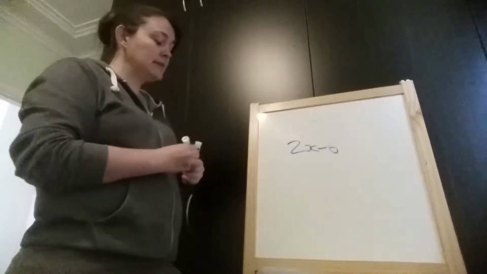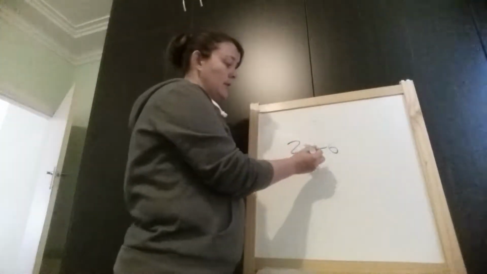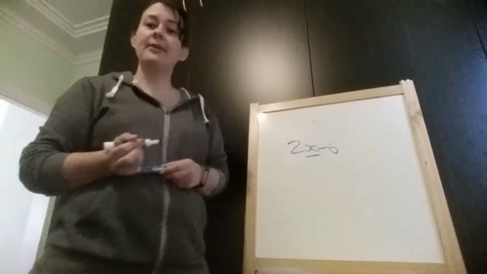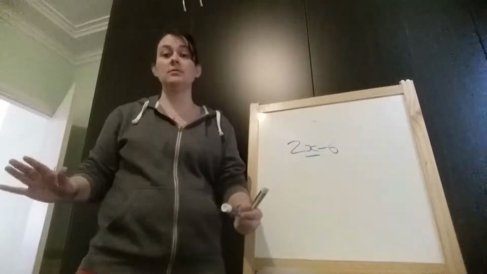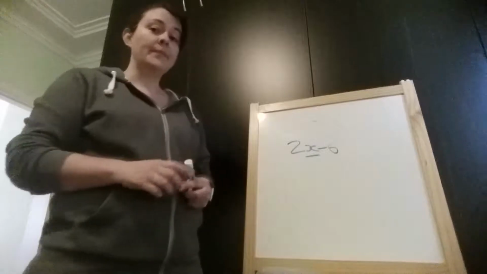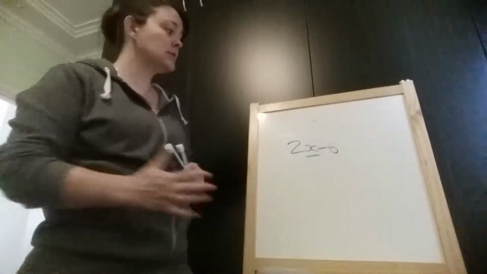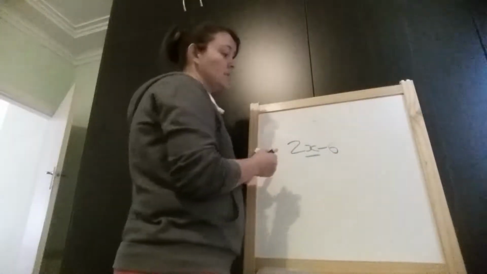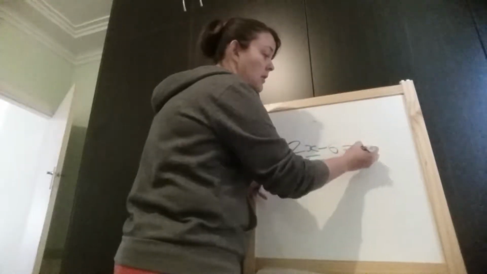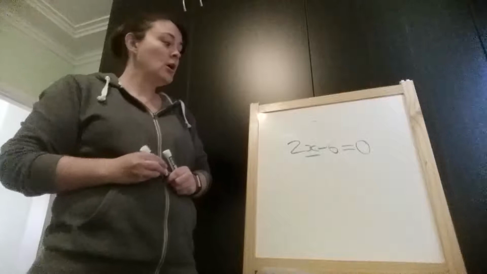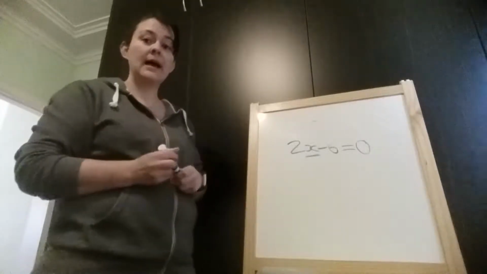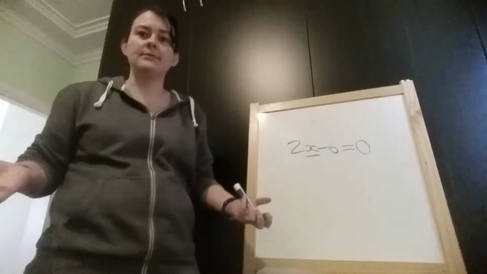So in this case, our x here, our pronumeral here, is a variable. So it can take on any value it wants. However, when we're looking at equations, this now becomes equal to something. So in this case, I've made it equal 0. So now our x has taken on a completely different meaning.